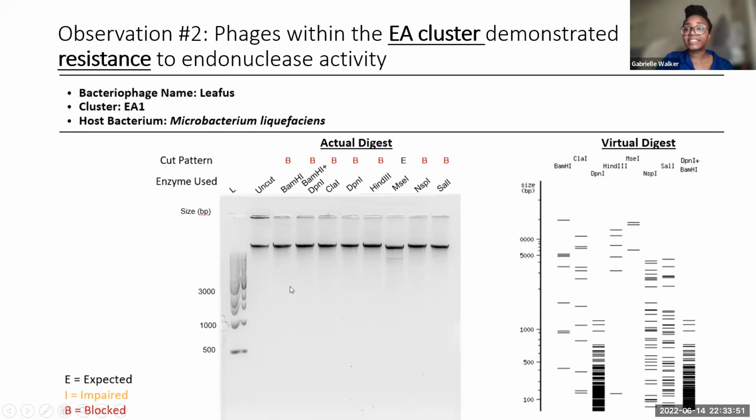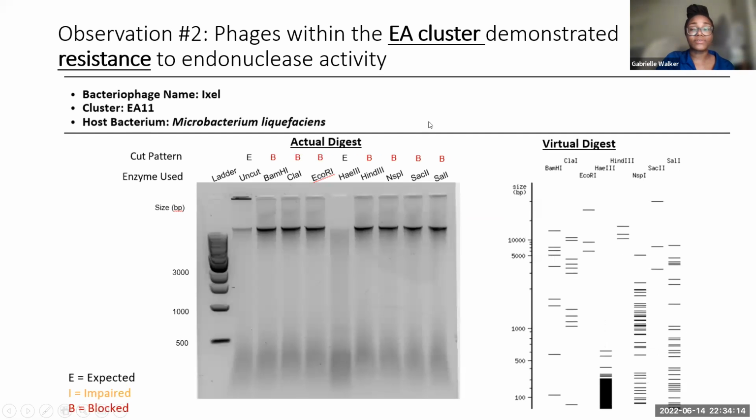This suggests to us that modifications are occurring at these recognition sites for these restriction enzymes. I would also like to note that MscI is a methylation-insensitive enzyme. So seeing that there is a pattern here, this suggests to us that Liathus has at least one methylated site within its genome.